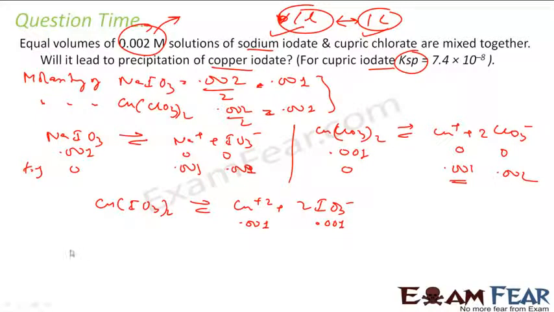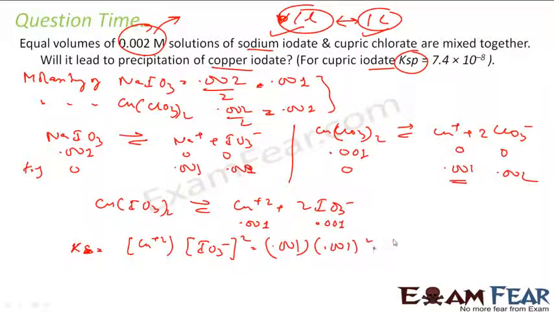If you want to find the ionic product here, it is nothing but the concentration of Cu 2 plus into the concentration of IO3 minus squared. That is 0.001 into 0.001 squared. It's nothing but 10 to the power minus 9. And the value of Ksp given here for the same equation is 7.4 into 10 to the power minus 8.